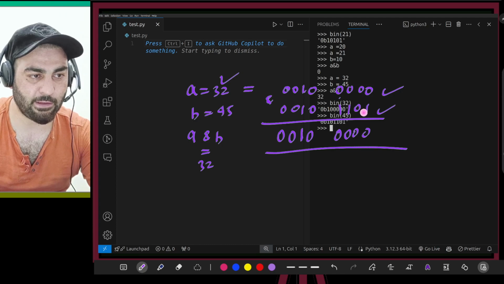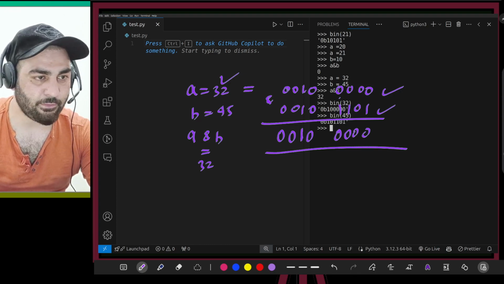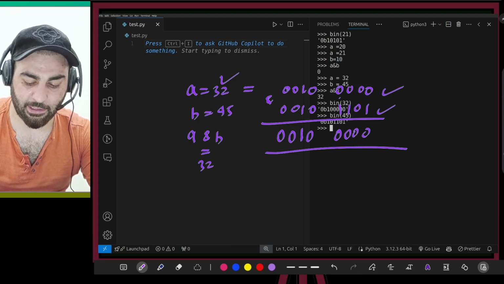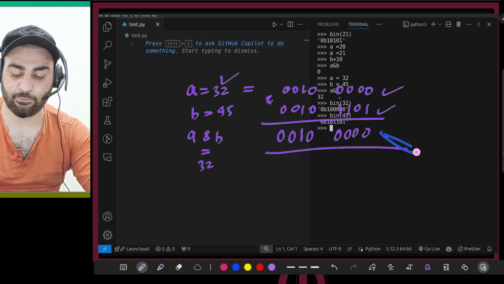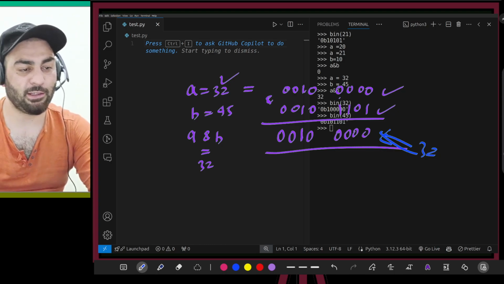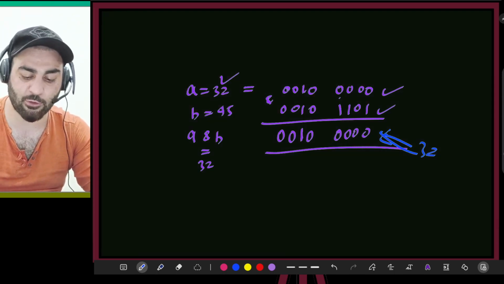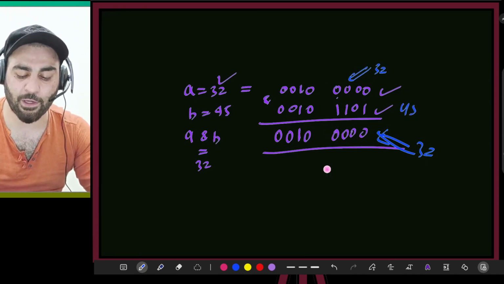That's 45, 101101. Now what did we perform? We performed A and B. Yes, so here, this over here is 32. I just wanted to cross-check. Is everybody with me? Are you following? So this is the representation of 32, this is the representation of 45. When you performed the AND operation, you got this.